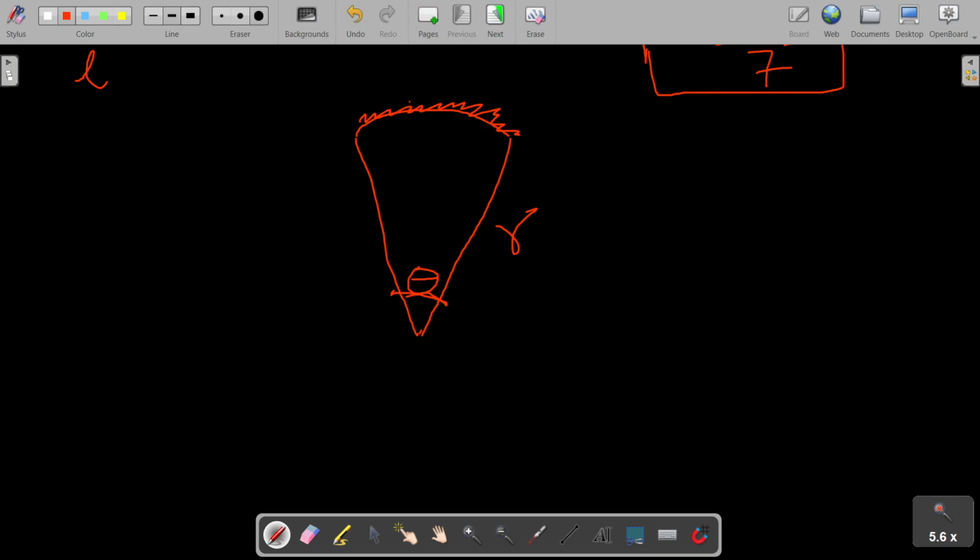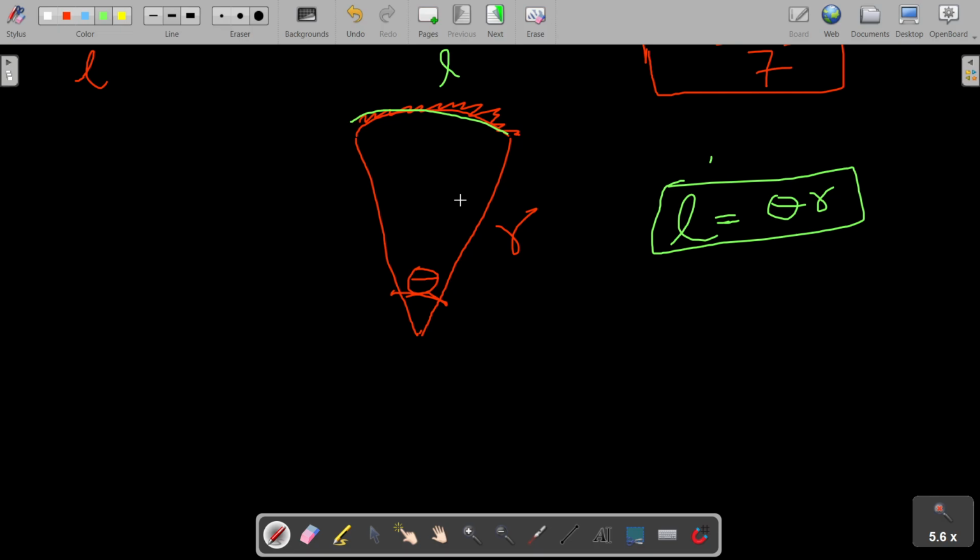And I need to find the length of this particular length, marked with green. How do I find this particular length? Let's say the length of this curved thing is L. So L is basically theta times r, theta into r.